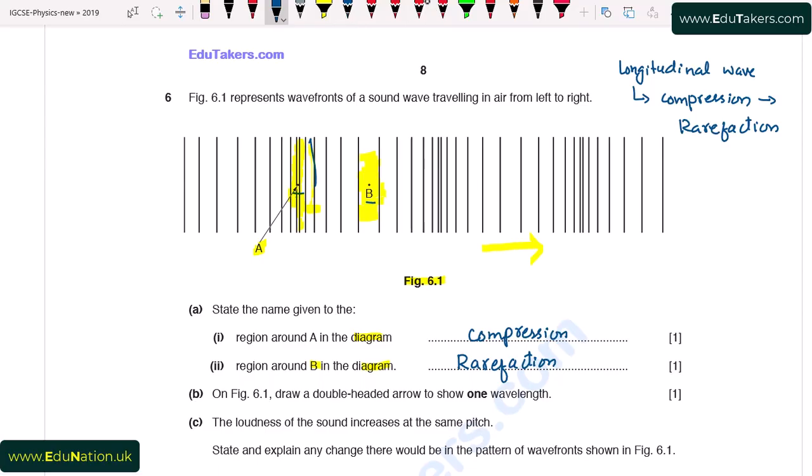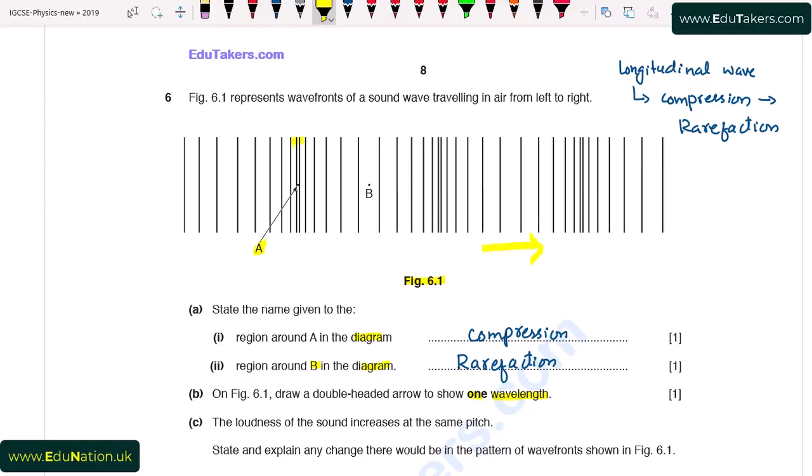Part B. On figure 6.1, draw a double-headed arrow to show one wavelength. First of all we have to know about the wavelength. Wavelength is the distance between 2 consecutive compressions or rarefactions. In this figure we can see that there are different portions where the wavefronts are very close to each other and where they are further apart from each other.